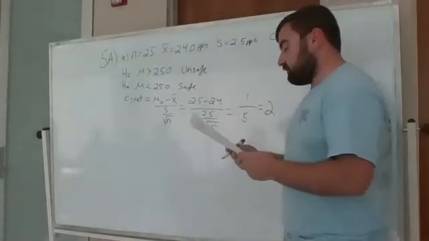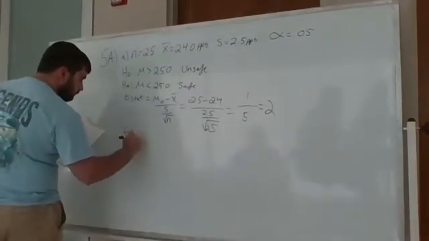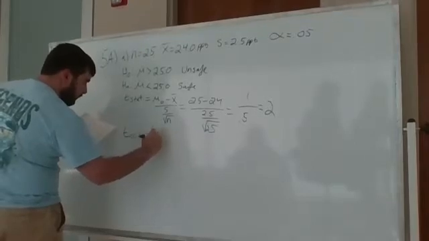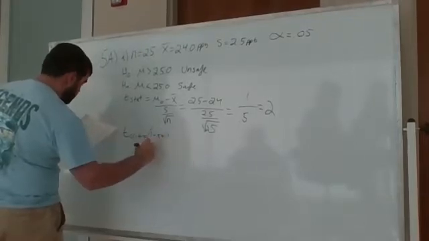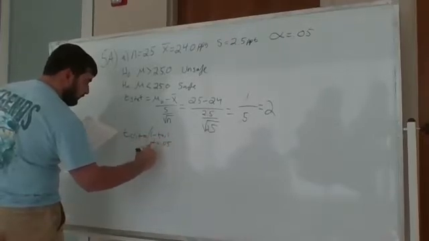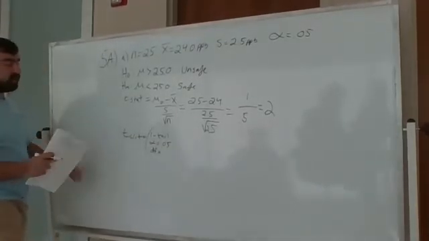And then all we have to do next is find our T critical value, which would be in the back of the book. So we're looking at a one tail, alpha 0.05, and a degrees of freedom. In this case, degrees of freedom is equal to the sample size minus 1.